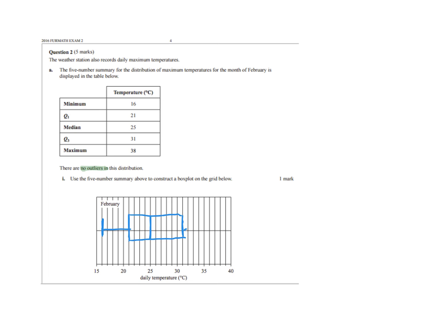Then we draw along here and we go up to 38, which would be here. So you draw a line up. So you do need to use a ruler. You still need to be neat. And then you would draw that. So there's 1 mark done. Just while we're here, what type of shape do you think this one is? Yeah, I think I'd go positive skewed, that one.